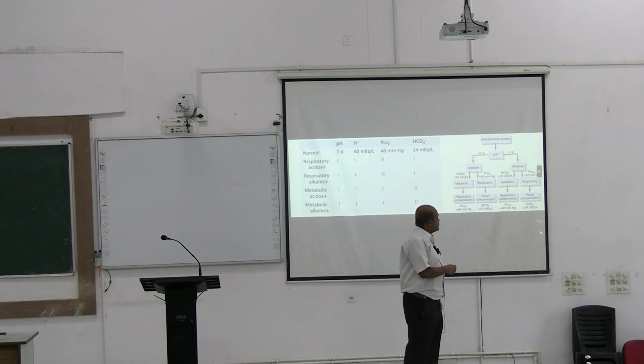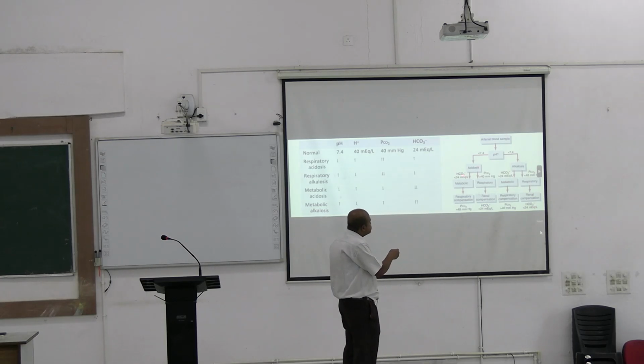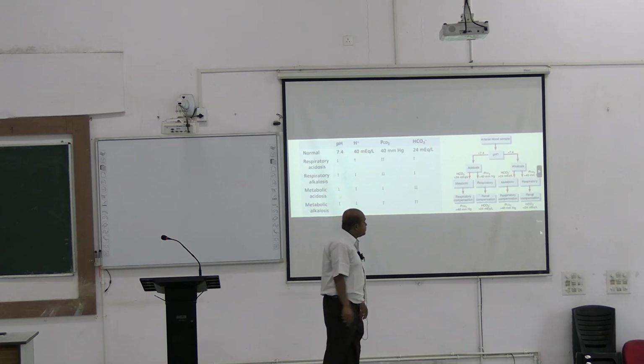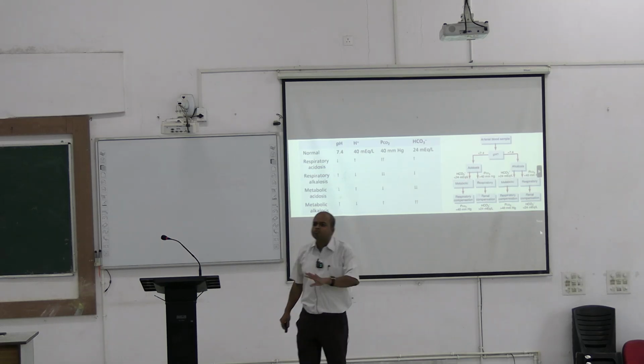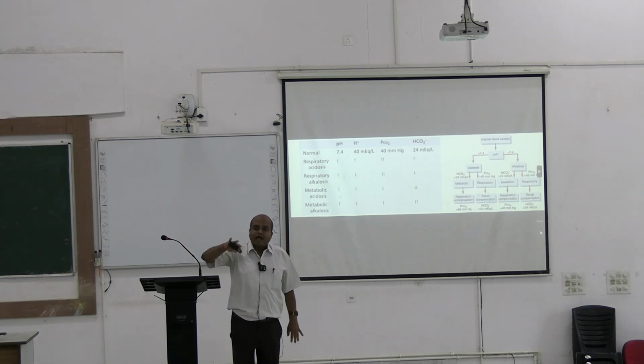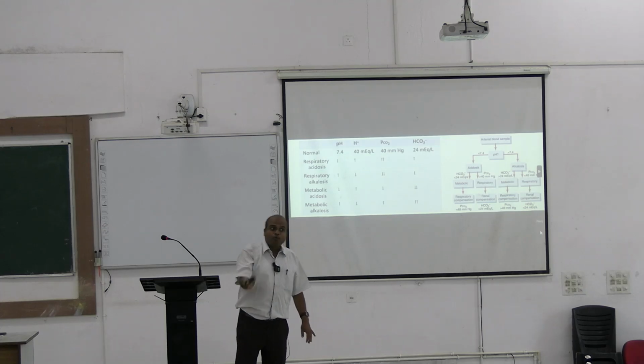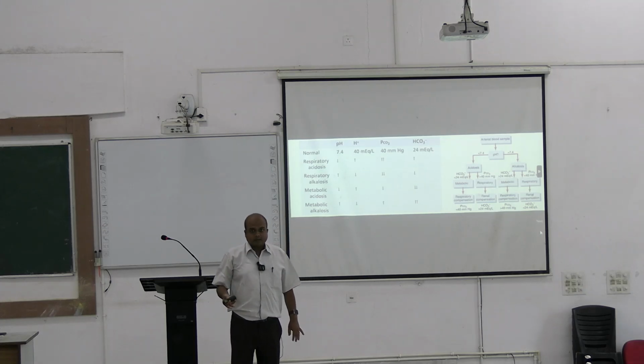So first decide whether it is acidosis or alkalosis. Then in acidosis, if it is due to less HCO3 minus, that is less than 24, 16, 20, 17, whatever, it is metabolic acidosis, and at the same time CO2 can be low because it is trying to compensate. But low CO2 cannot be the cause of acidosis.